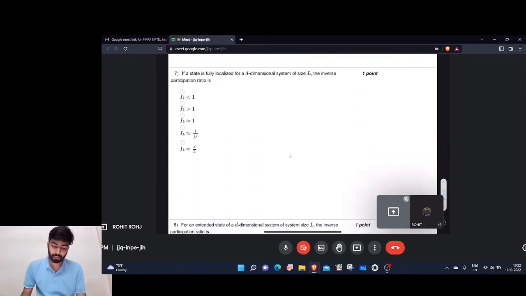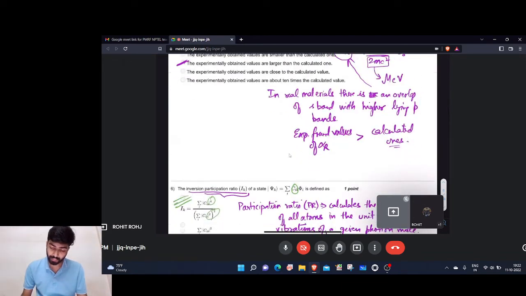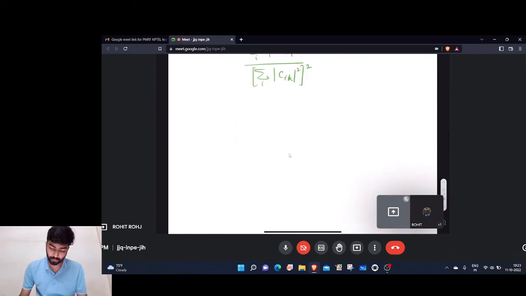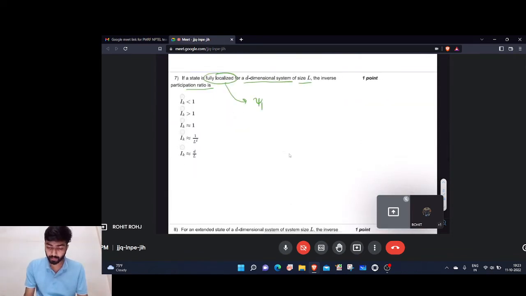So the next question is again concerned with the inverse participation ratio, that if a state is fully localized for a d-dimensional system of size L, then the inverse participation ratio is. Now if a state is fully localized, then as we saw above, psi k is nothing but the summation of C I K and phi I. So if a state is localized, then all the other coefficients will die out.